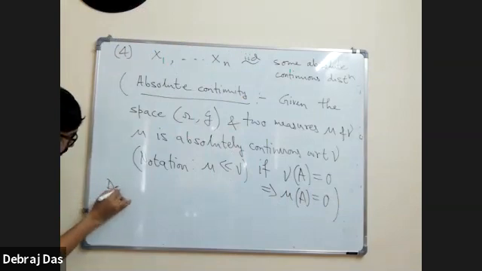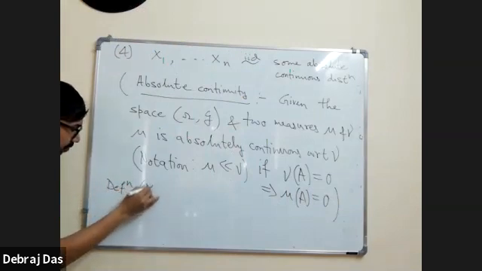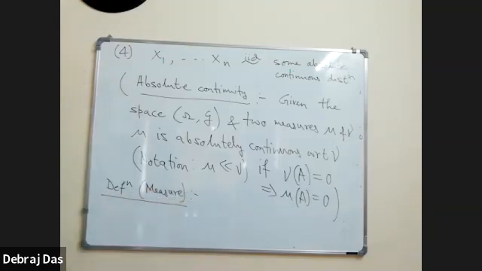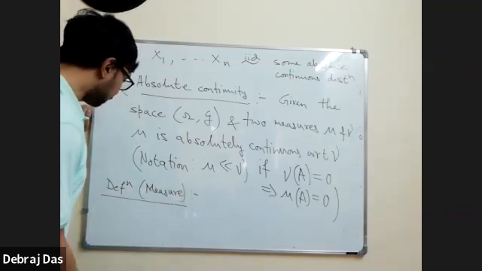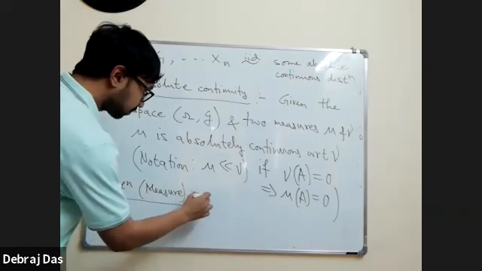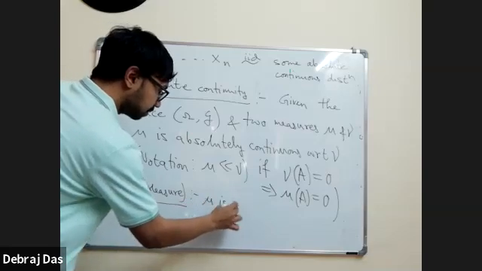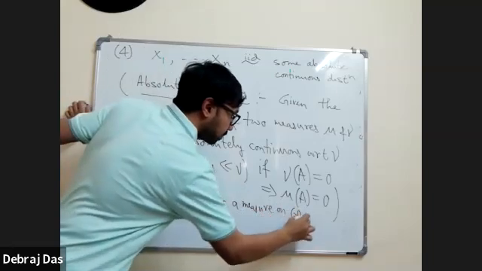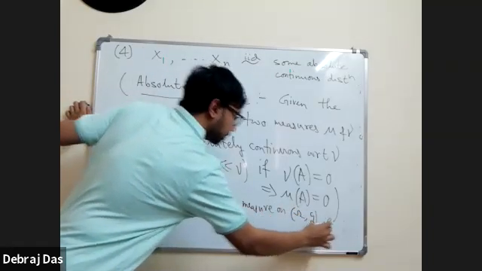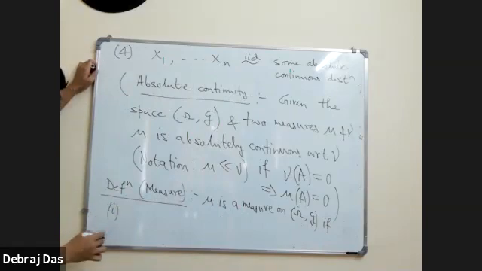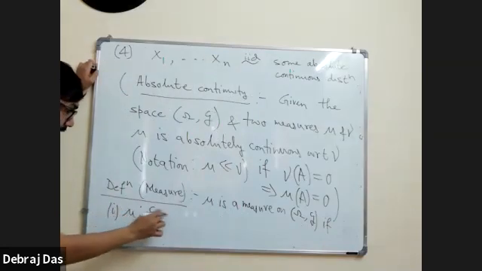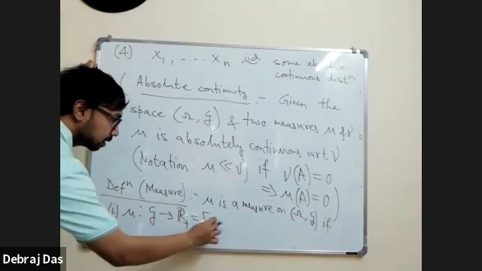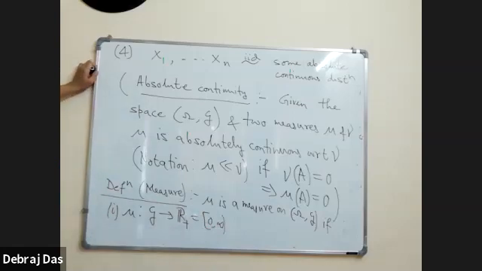So what is the definition of a measure? I think you already know the definition of a measure, but let me briefly go over it. So mu is a measure on omega, script G, if first, mu is a function from script G to R plus, which is closed 0 open infinity.